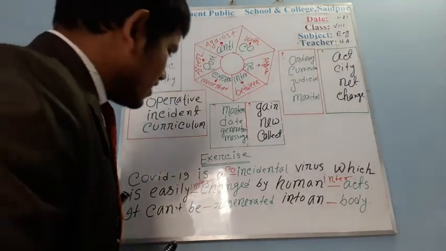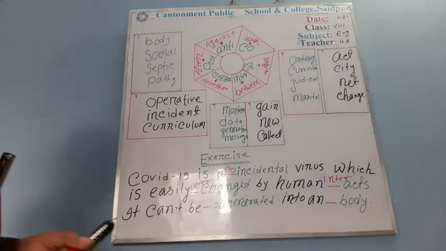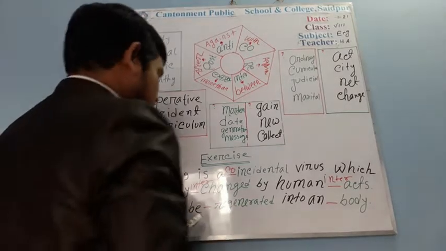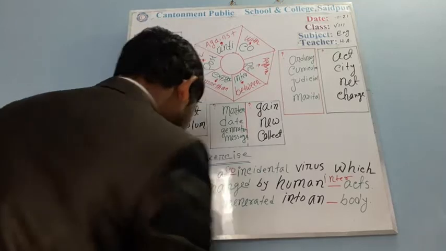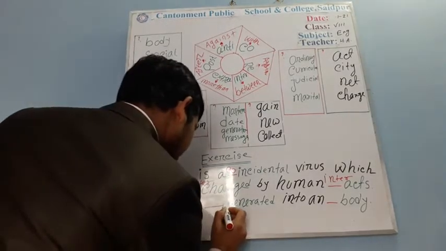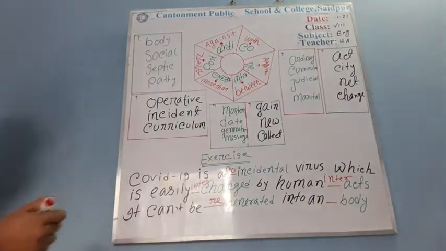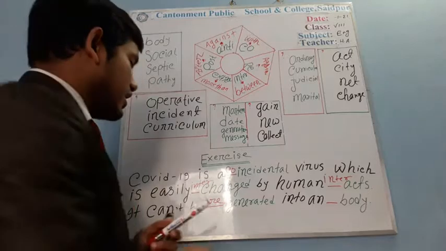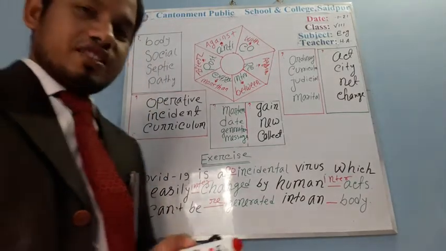It can be regenerated. What is the word now? Regenerated. Generation. Which one can be used here? Generated. Here you can see, learner, the prefix is re. The root word is generate, and if we use the prefix re, that is regenerated.